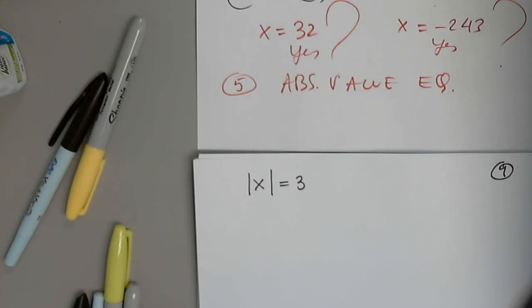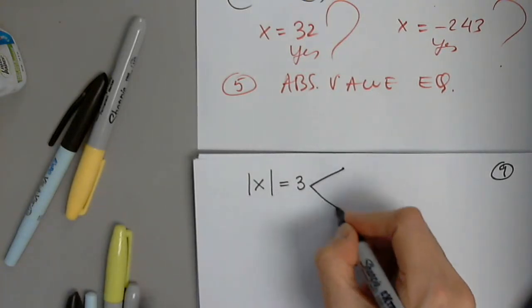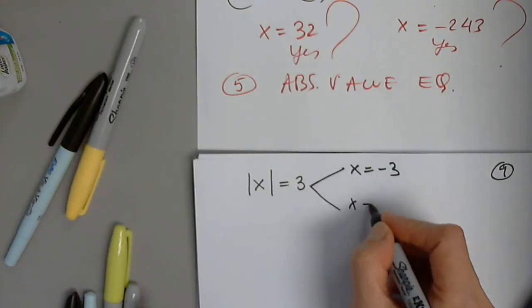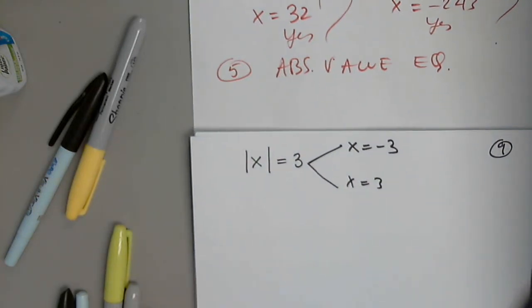So what are those numbers? 3 and -3. Is that clear? If I plug in 3, the absolute value is 3. If I plug in -3, the absolute value is 3, correct? So there are two options, and all we have to do is remember to mimic this idea throughout solving absolute value equations.